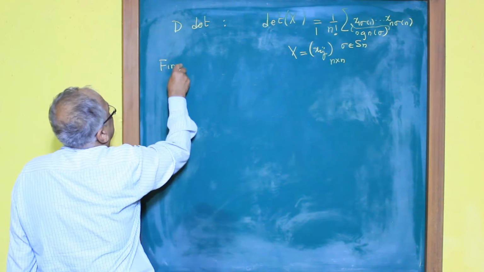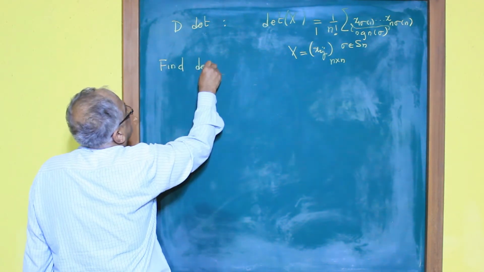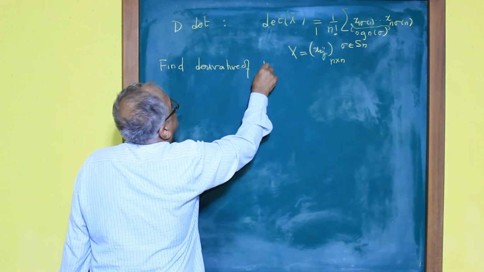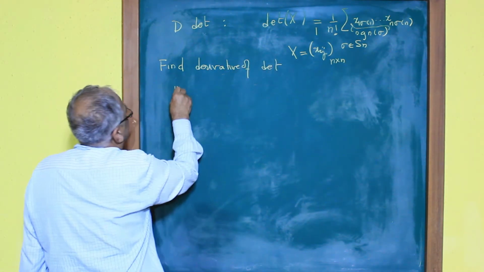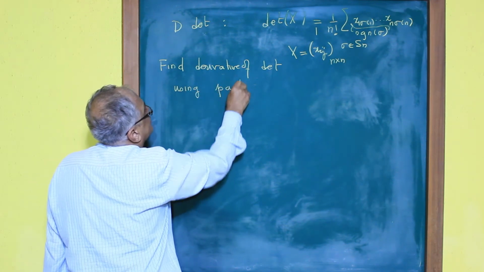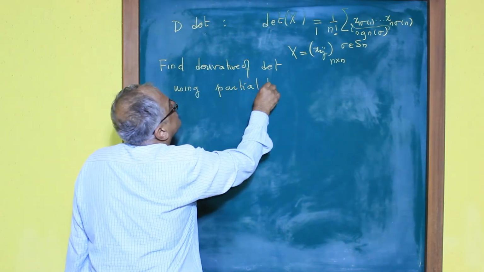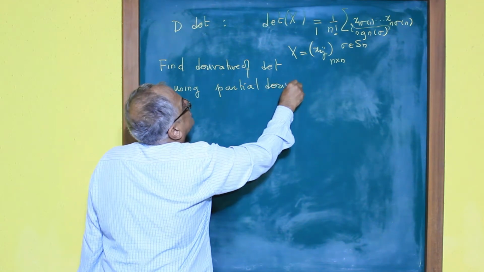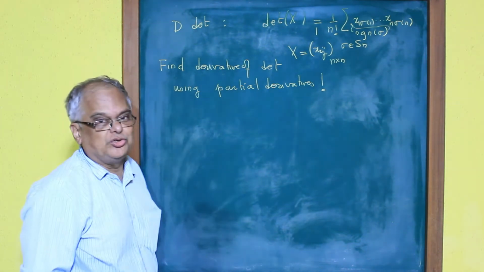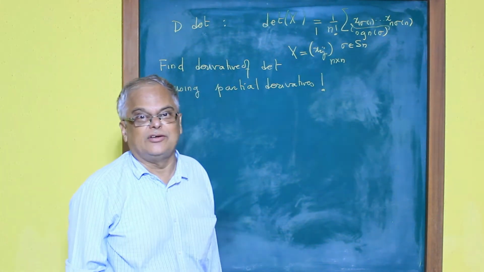Find the derivative of the determinant using partial derivatives. Let me assure you, you will not get this right if you try to do it this way.